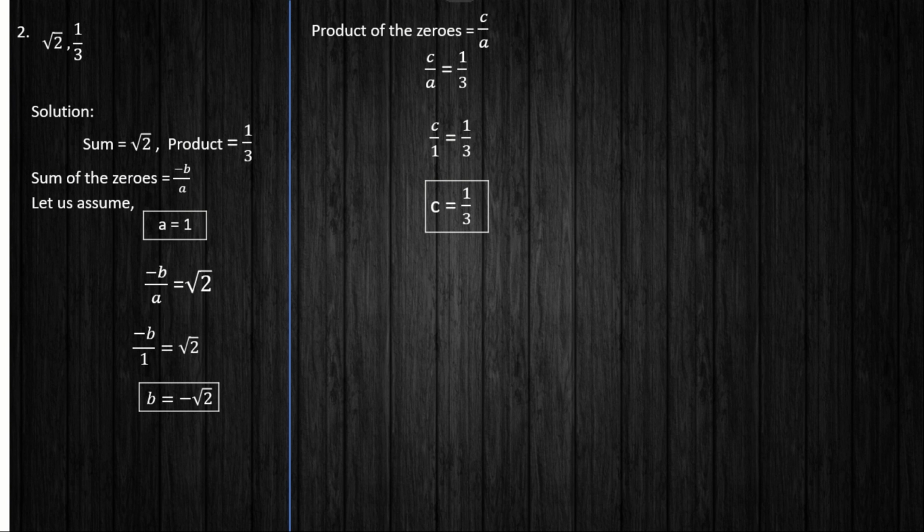Therefore, we need to write the general form of the quadratic equation. The general form is ax square plus bx plus c is equal to 0. Since the values for a, b and c are given, directly substitute the values into the equation. It will become 1x square minus root 2x plus 1 by 3 is equal to 0. In the next step, we need to take the LCM.